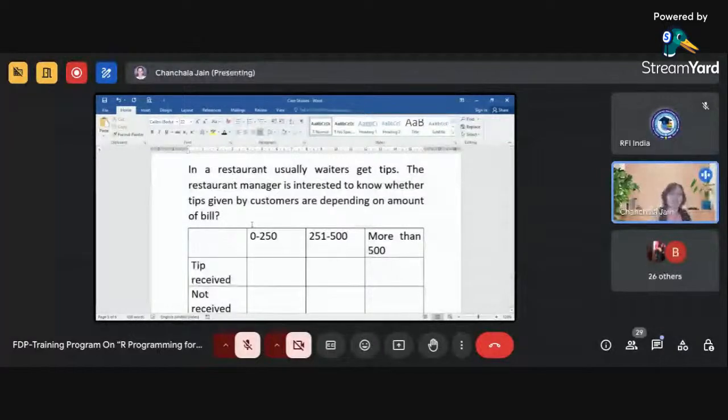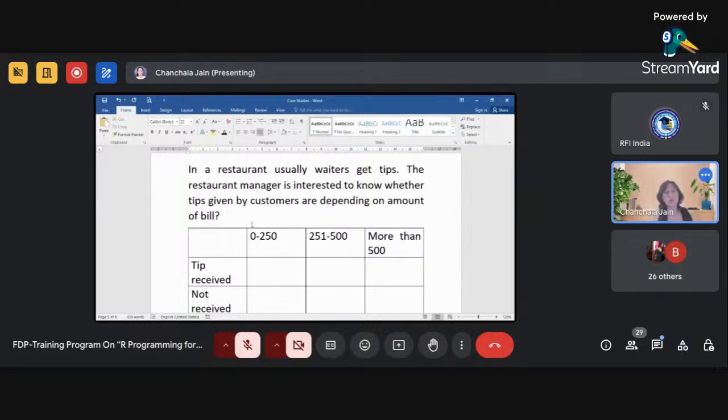When the bill comes, I pay the amount and keep 10 rupees. Or if my bill is very small, I may not want to pay any tip to the waiter. So we want to see whether, depending on the amount spent by customers, the tip received varies, or whether there is any dependency.